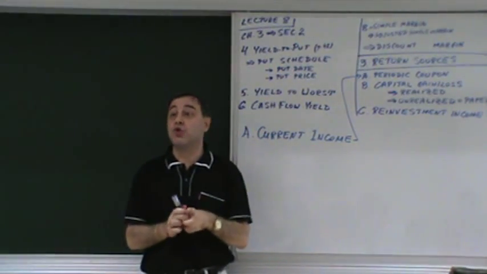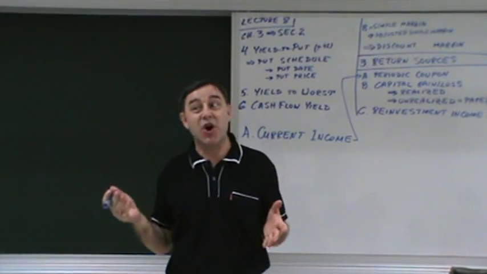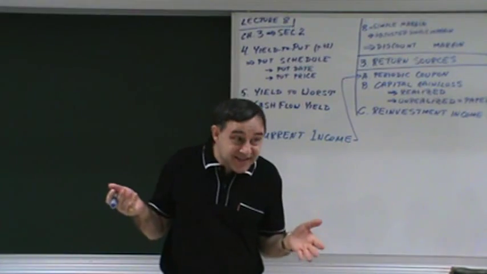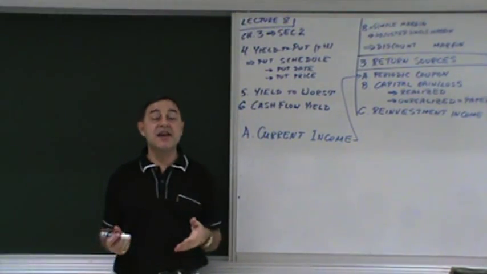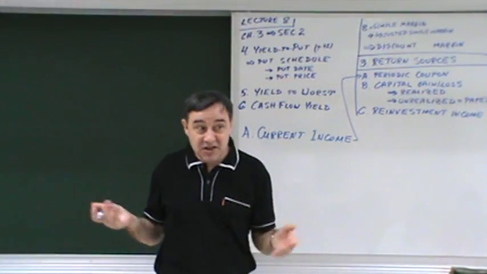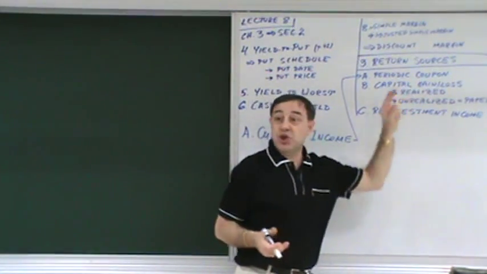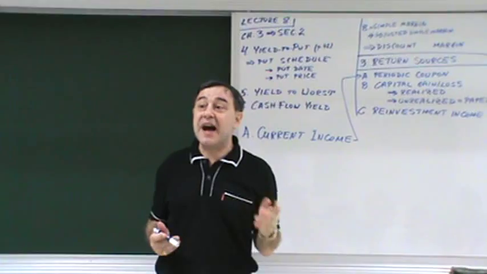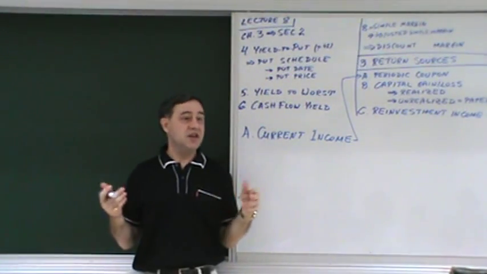Current income applies for real estate, and the current income of real estate is called rent. It applies for stocks, and the current income of stock is called dividend. It applies for bonds, and it's called coupon. It applies for currencies, and it's called interest.